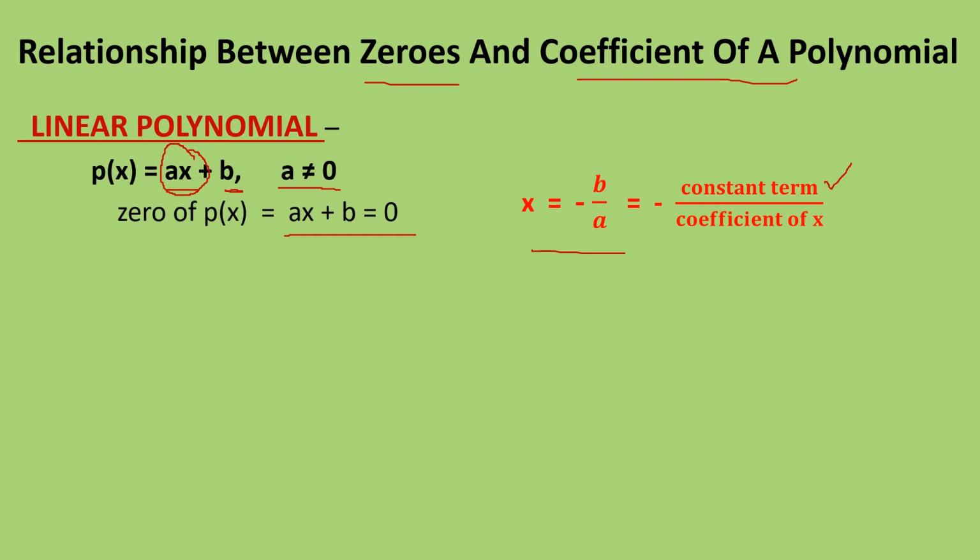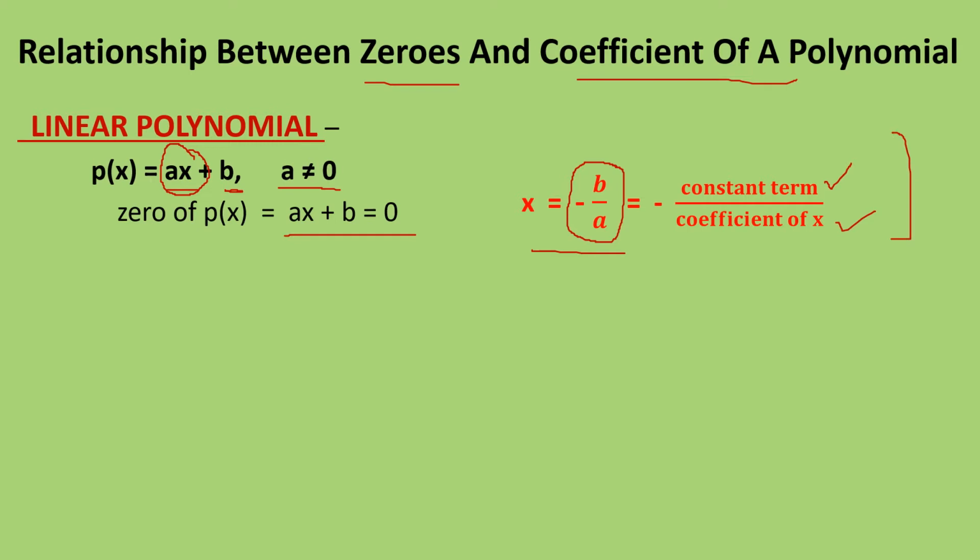That means a is the coefficient of x. So in place of a we have written coefficient of x, and here it is a minus sign. That means the zero of the linear polynomial is -b/a, where b is the constant term and a is the coefficient of x. This we have to remember.